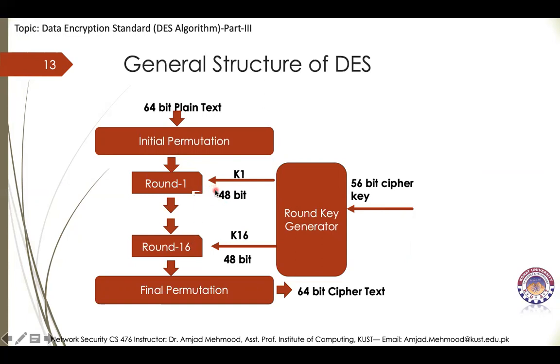So 16 sub keys of size 48 bits will be generated from the 56-bit cipher key.